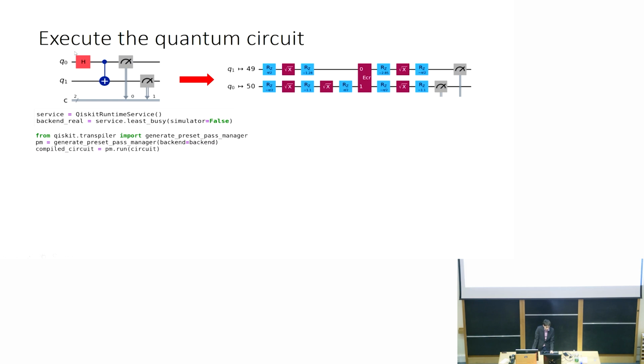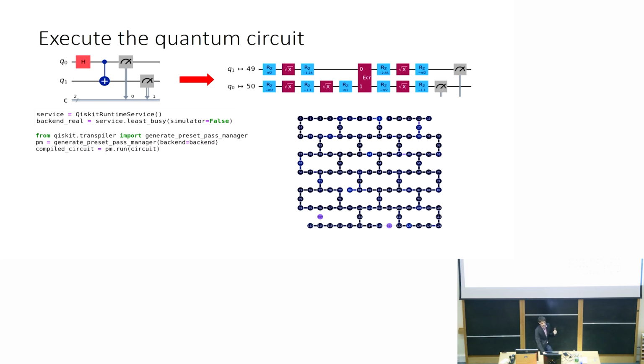And then the single qubit operation is translated into a lot of rotations and additional phase gates. What is also interesting is when you look at the circuit, there are 2 numbers, 49 and 50. And when you look at the quantum computers I have shown before, it means basically that the circuit is run on these 2 qubits you can see here.